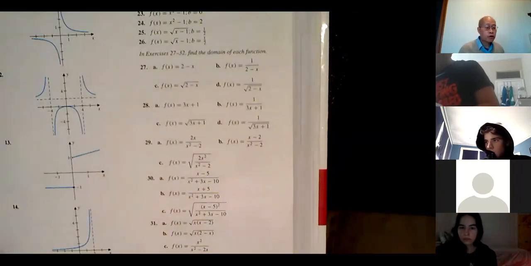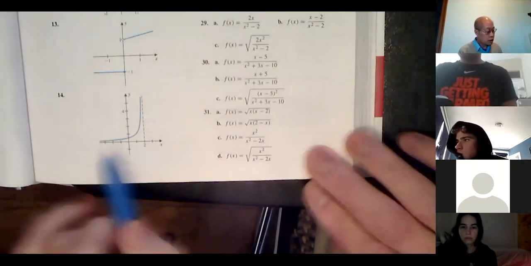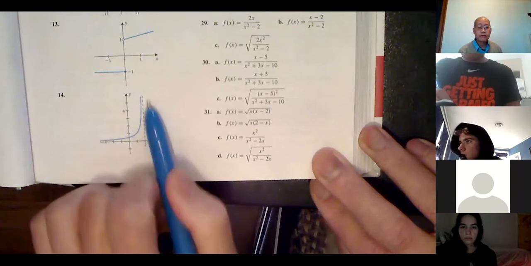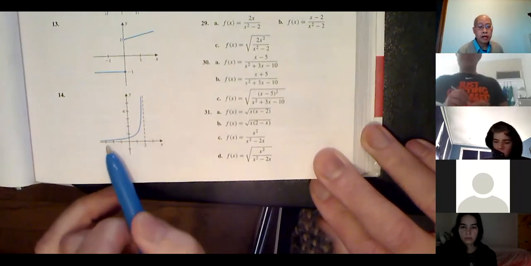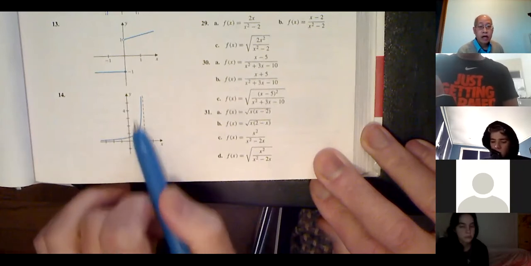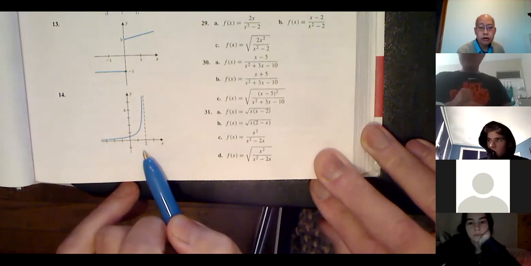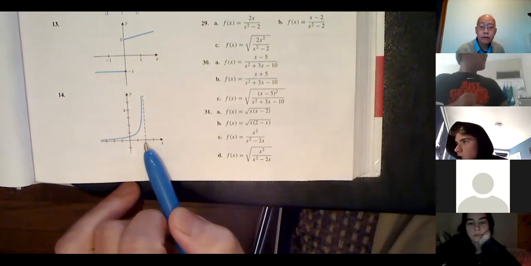All right, then 14, and I wasn't going to do 11 or 13. They're odds. You have the answers in the back of the book. So it just goes like this. Domain and range: it goes all the way to -infinity, pretend it goes all the way out, and it stops at 2. Does it include 2 from this picture?